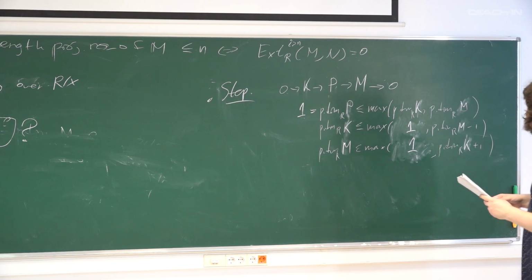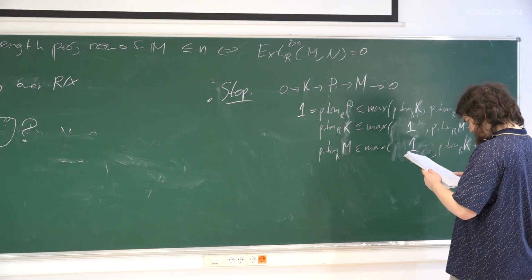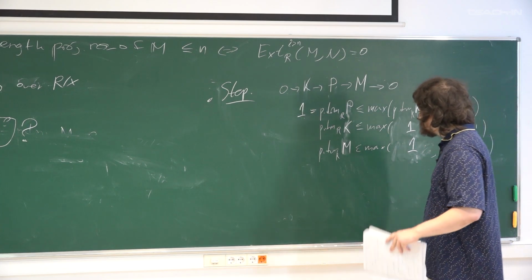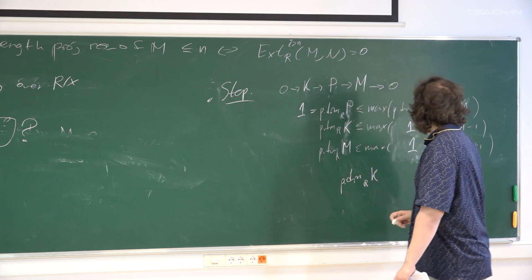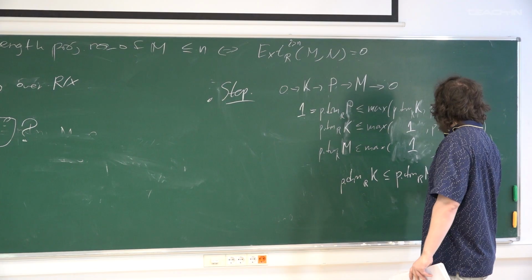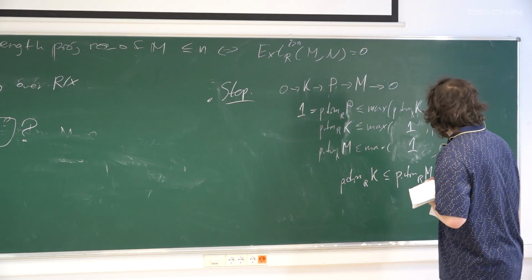So, for example, from the second equality, we obtain that the projective dimension of K is not greater than the projective dimension of R minus 1. Maybe it's unit.